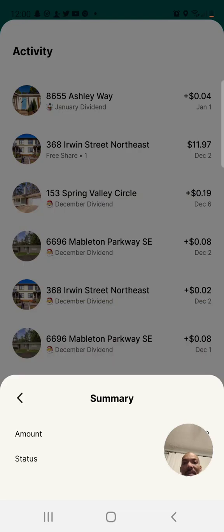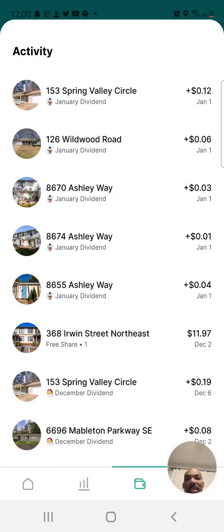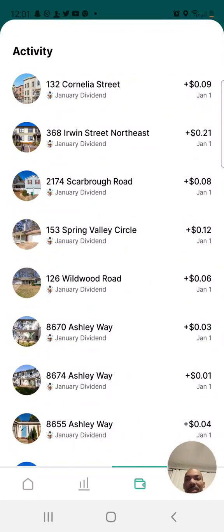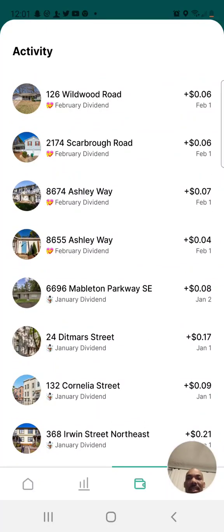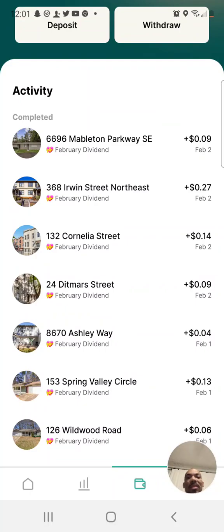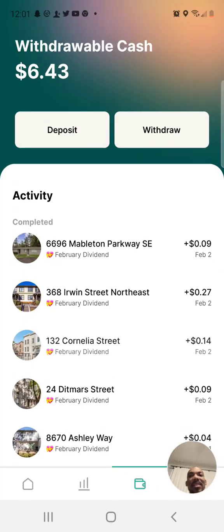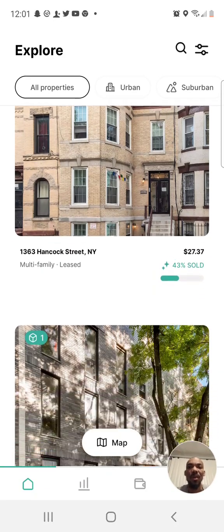That one was really nice there. We had a free 4 cents, 6 cents for January. So it looks like the dividends are coming in nicely: 5 cents, 6 cents, 7 cents, 8 cents, 9 cents, 14 cents, 27 cents, 9 cents. So it looks like the dividend payments are coming in pretty well.